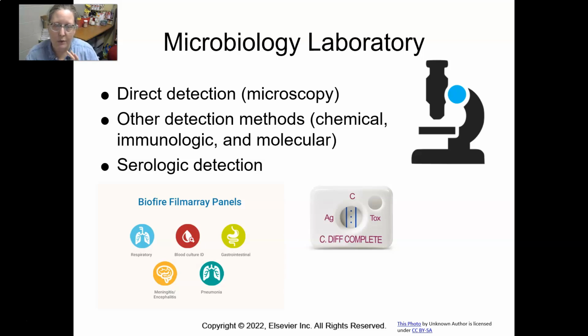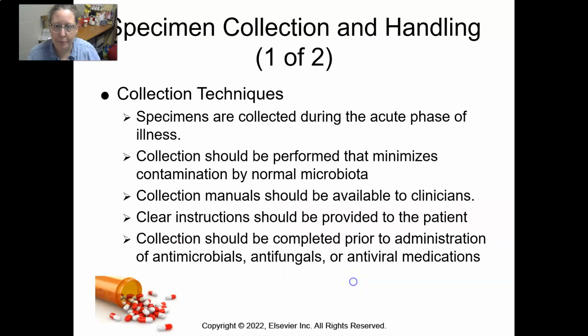There are also, of course, molecular ways to detect viral infections, etc. And then serologic detection is more about detecting the antibodies to certain infections that may not be able to grow very easily, and maybe we don't have any lateral flow immunoassay available. So think of your tick-borne diseases and certain viral diseases like HIV, where the initial screening might be to look for, for example, the anti-HIV antibody.